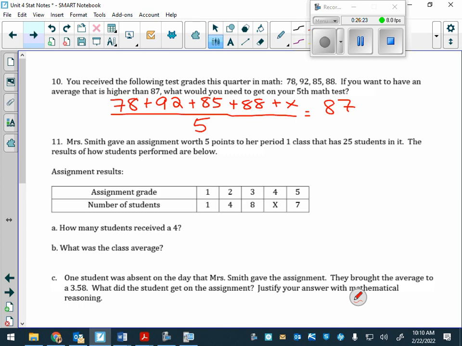So we set up this proportion, which is exactly what Grant said. You would multiply 5 times 87, which is what? 435. Good. 435.